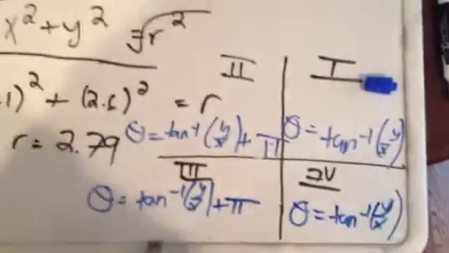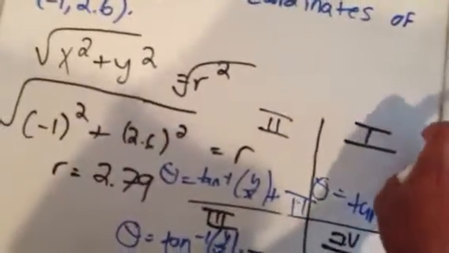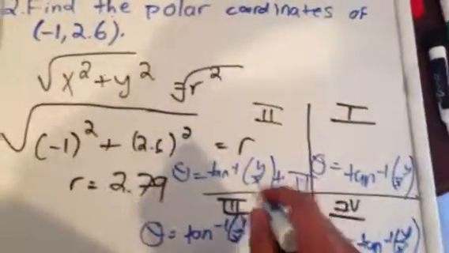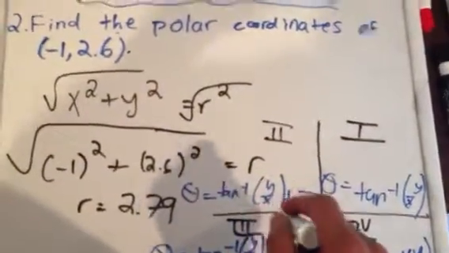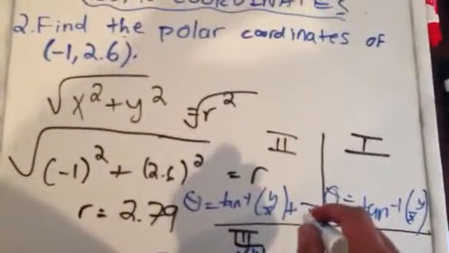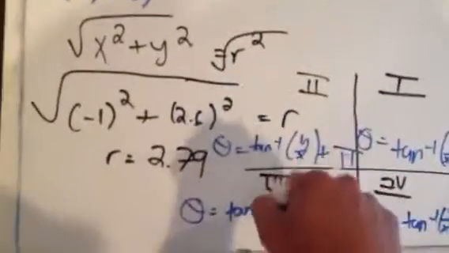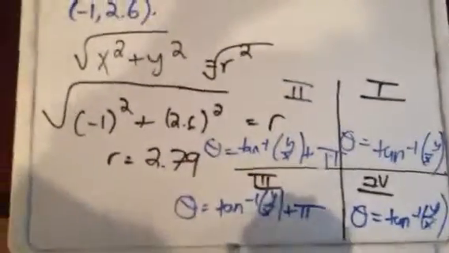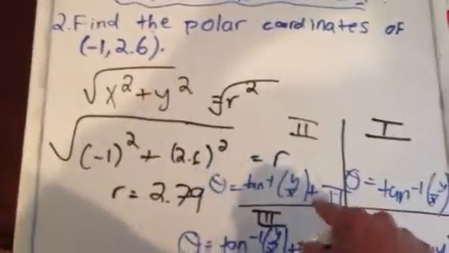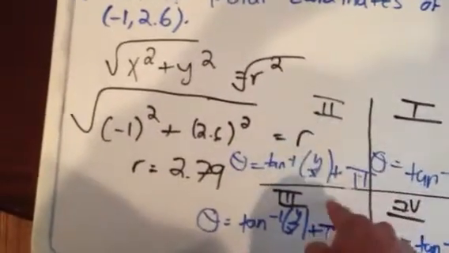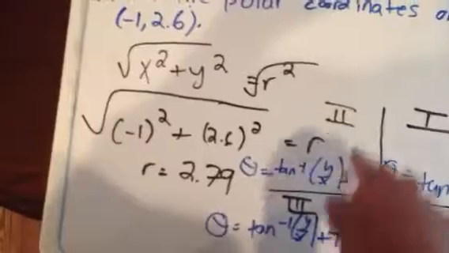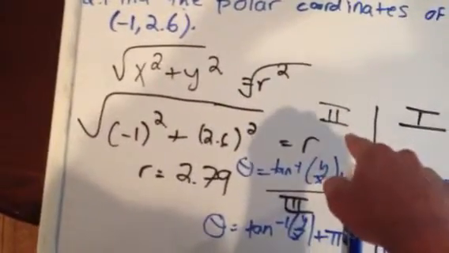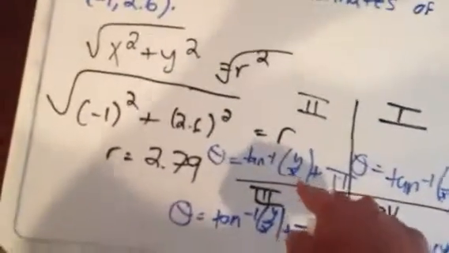One way you can remember this is the fact that if you're in 2 and 3, in other words, x is negative in both cases, then it's going to be tan inverse of y over x plus pi.